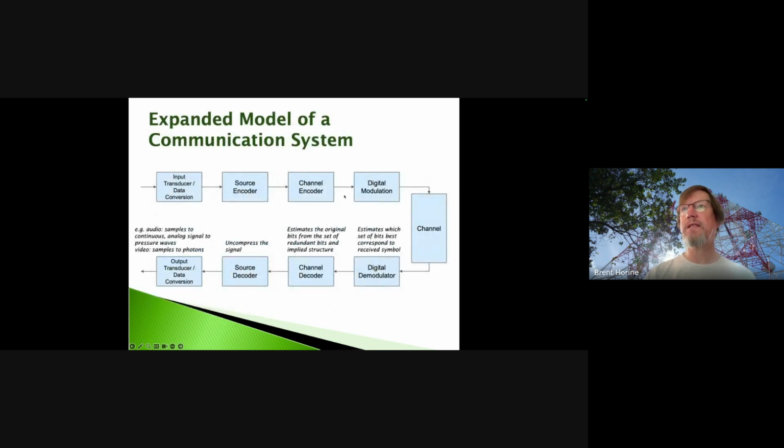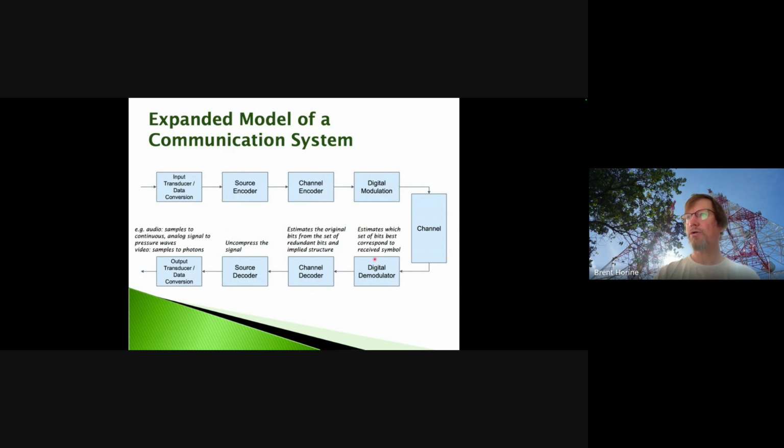All right, so we've seen this diagram before. Now we're going to start focusing on this bottom part, where our receiver starts, where we're looking at the results, the things that have come out of the channel. Now we have this digital demodulator, and what we're receiving here is symbols.